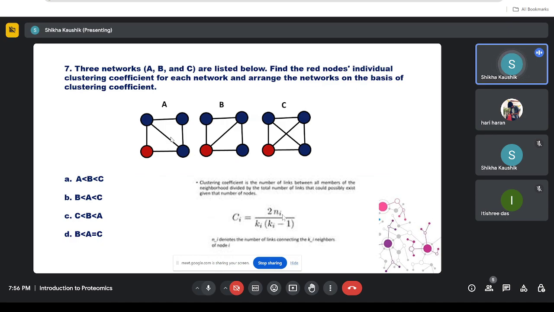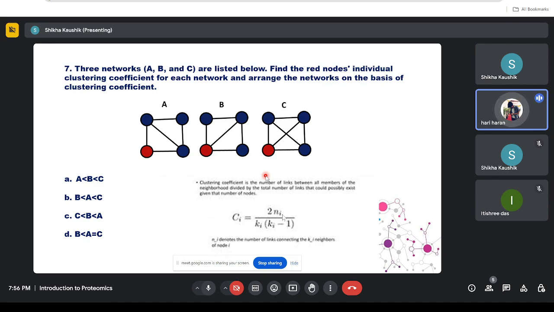So for B, this is for A. For B, how many neighbors does this particular node have? There are three neighbors. So K value is 3. And is there any link between these neighbors?